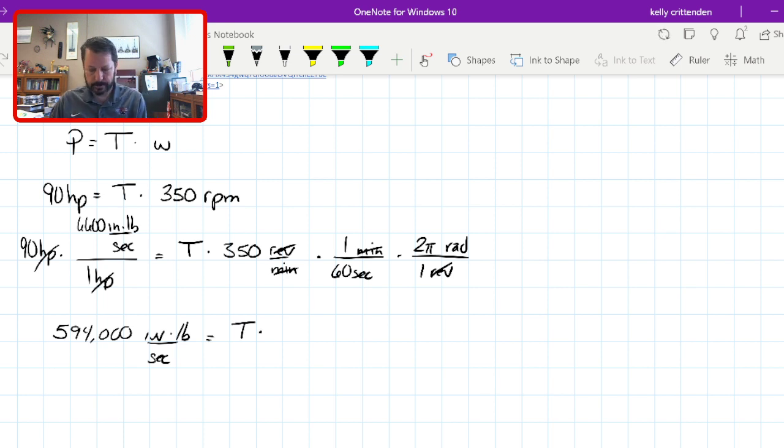Torque times, let's see, on the right-hand side, I've got 350 divided by 60 times 2 times pi, 36.652. Those units would be radians per second. So T equals some number of inch pounds.